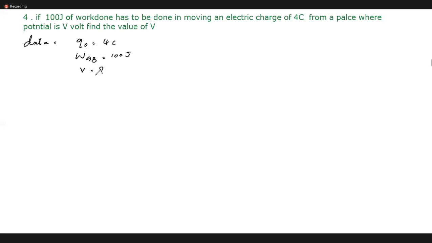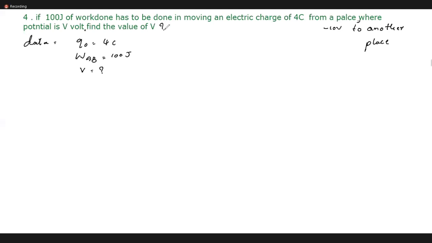So the question is: 100 joules of work has to be done in moving the 4C electric charge from minus 10 volt to another place where the potential is V volt.